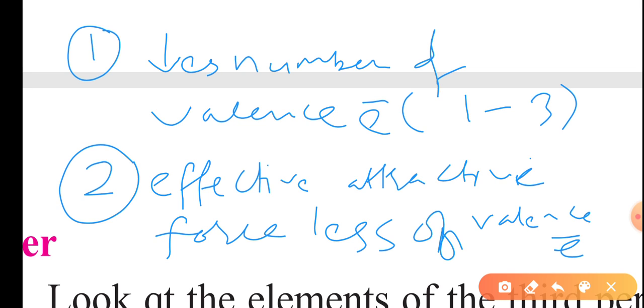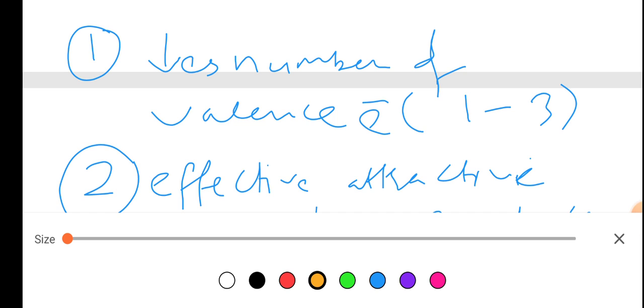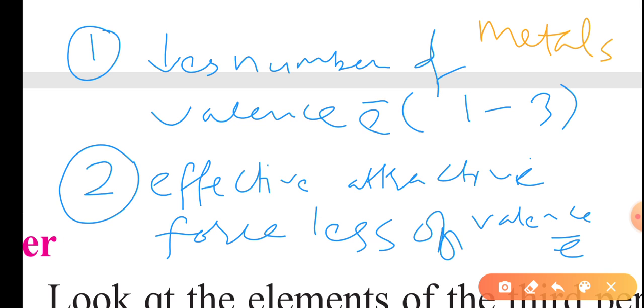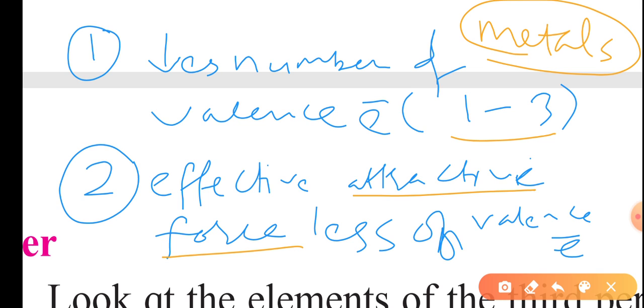There are two things, so just try to remember all of these. First, in metals, and we are speaking here only about metals, there is a very small number of valence electrons, only 1 to 3 in their valence shell. The second thing is that the nuclear attractive force on the valence electron is very less.